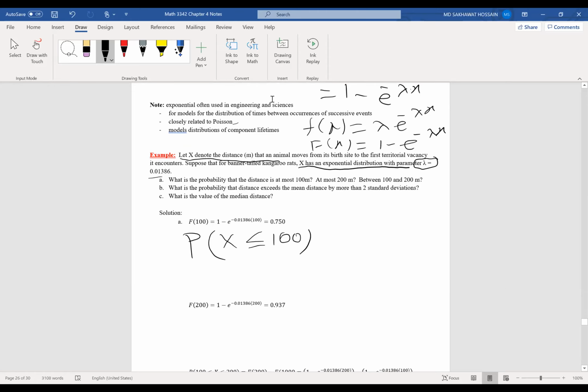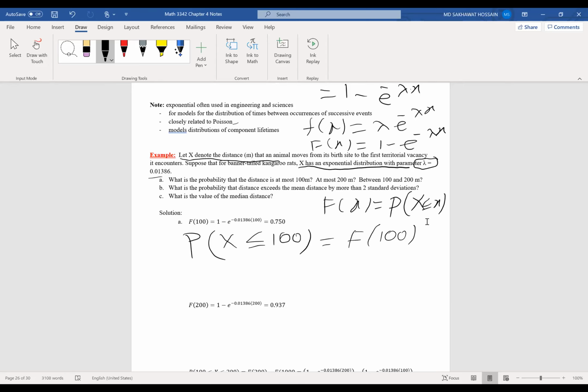Since this is an exponential distribution, you can use the CDF function. Since we have x less than or equal to 100, and we know that F(x) is the probability of x less than or equal to this number, this is the CDF at x equal to 100.